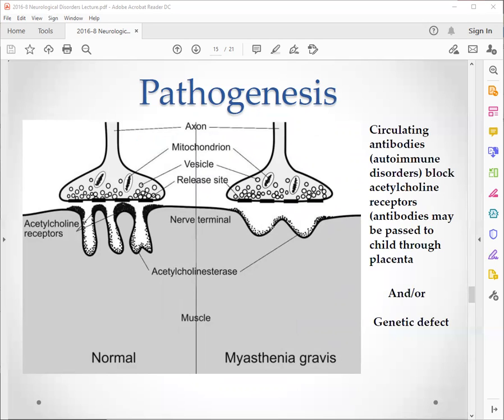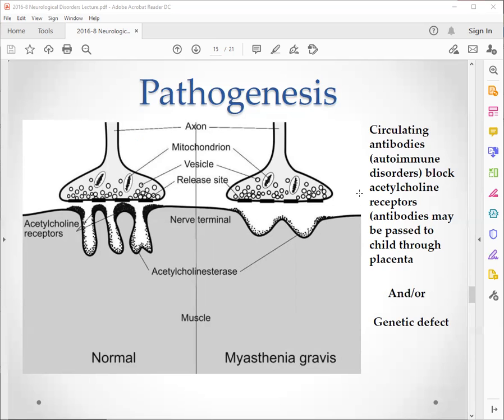The acetylcholine receptors are degraded and missing, and there also seems to be remodeling of the muscle itself, resulting in less surface area, such that when acetylcholine is released from the presynaptic neuron and enters the synaptic cleft, the muscle is unable to recognize that acetylcholine and initiate contraction, because the acetylcholine receptors are not present.